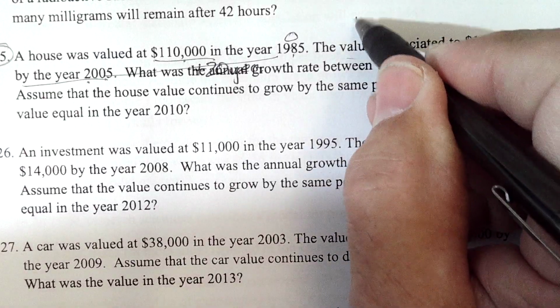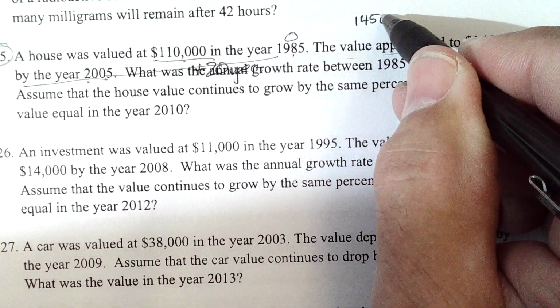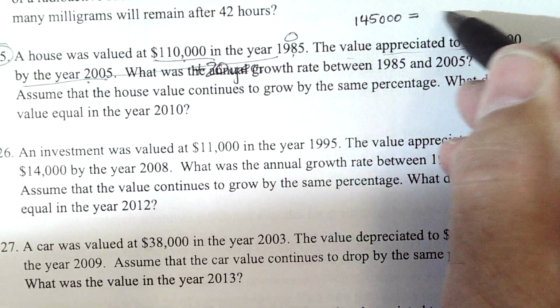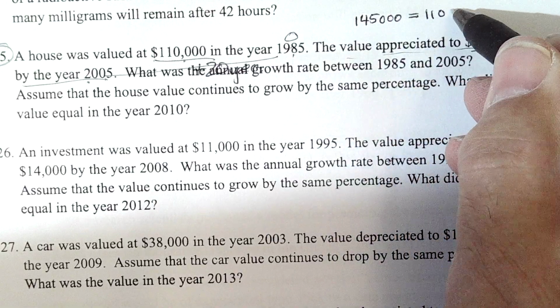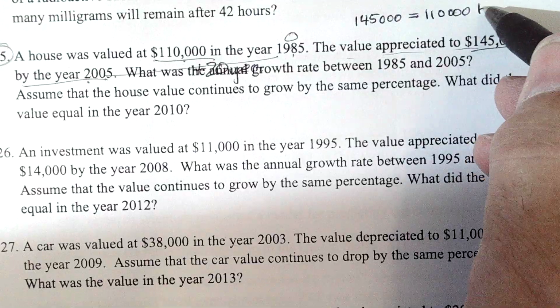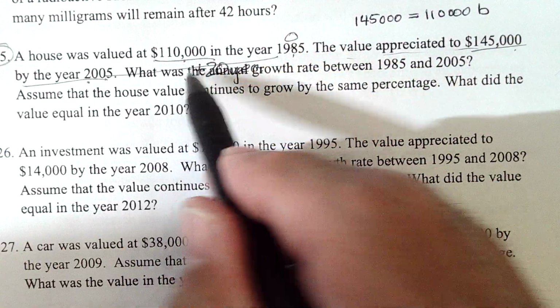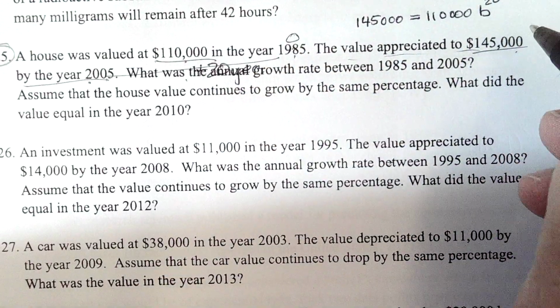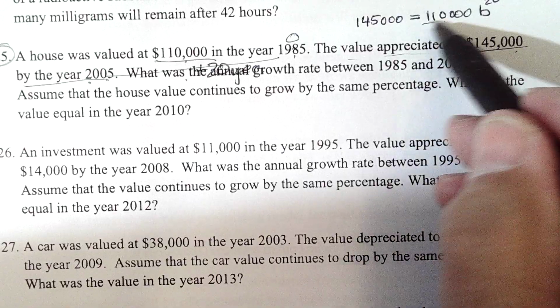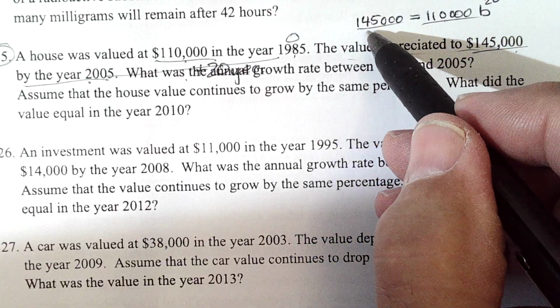So I get 145,000 equals the starting amount, some base to the 20th power. So I'm going to divide by the 110 to get that out of the way first.